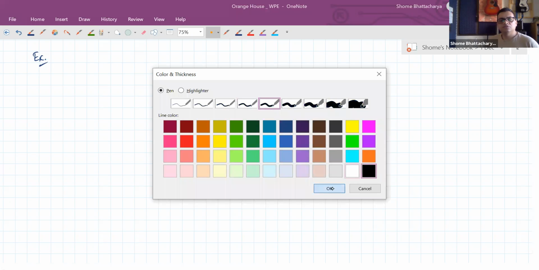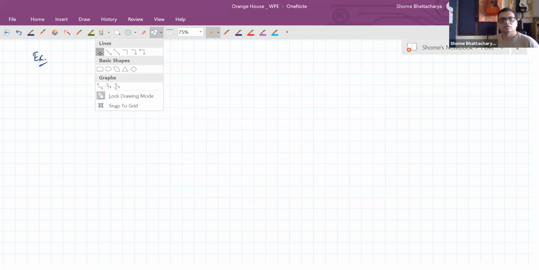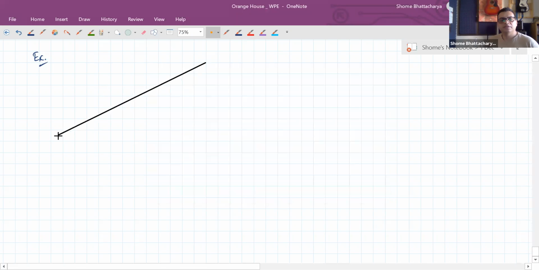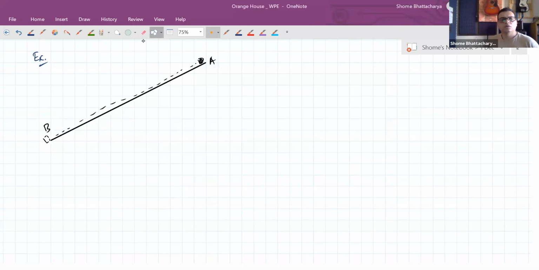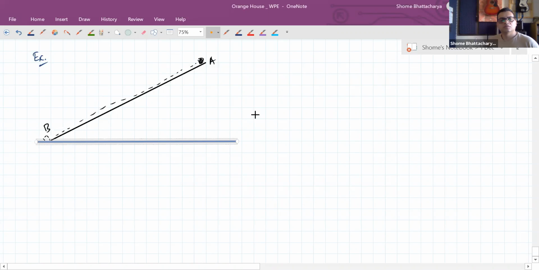Supposing we have this situation that we have an inclined plane like this, and what we do is we place a body initially at A. From here it slides down to this position B. Then from B we push it along a horizontal surface to this position C here.